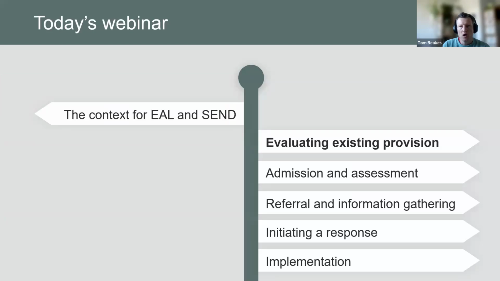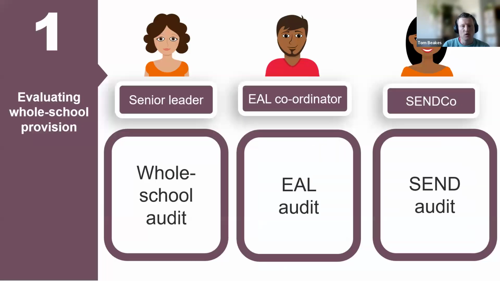So obviously, an important starting point for a school should be to understand where you are at the moment when it comes to what you're doing. For that reason, the guidance includes a set of whole school audits. And there are 3 audit tools in this section.